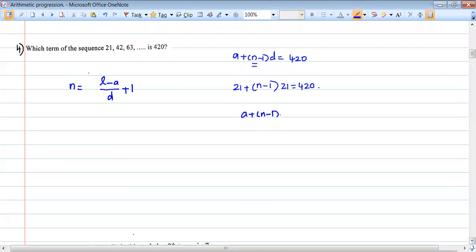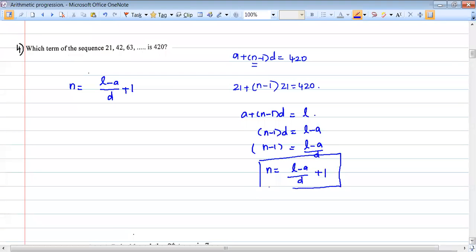A plus n minus 1 into D is equal to L. Then n minus 1 into D is equal to L minus A. Then n minus 1 is equal to L minus A divided by D. Then n is equal to L minus A divided by D plus 1. Got the point? I derived this direct formula from the same equation, so I didn't do anything new.